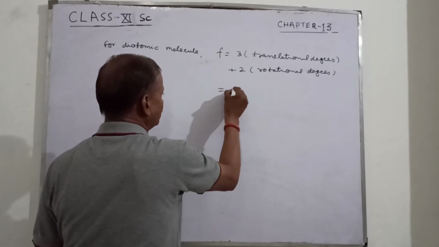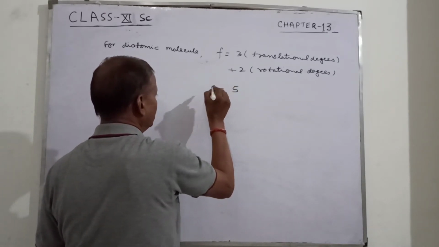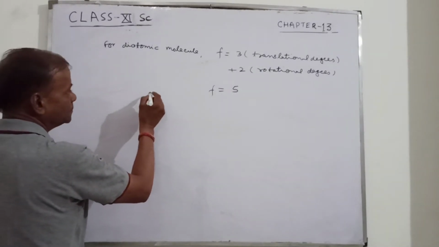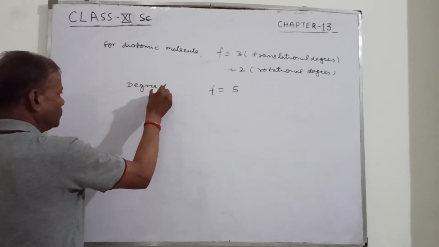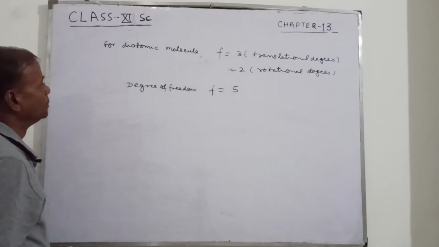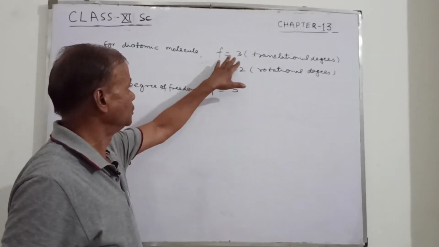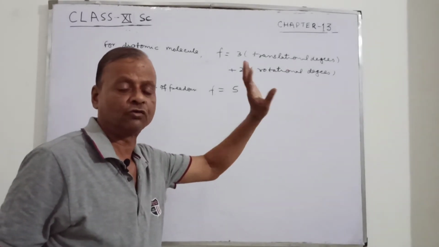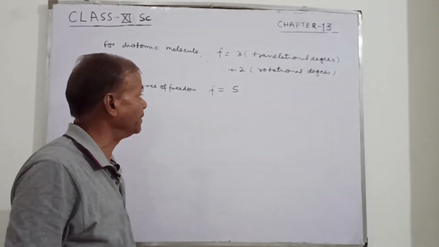So total is 5 degrees of freedom, F equal to 5. This is degree of freedom. So thus a diatomic molecule has the 5 degrees of freedom, 3 translational and 2 rotational. Rotational, it may have the clockwise or anti-clockwise. So 2 degrees are from here. So this is total the 5.